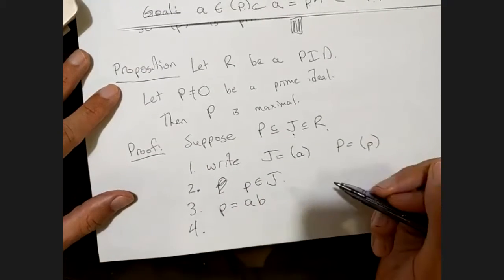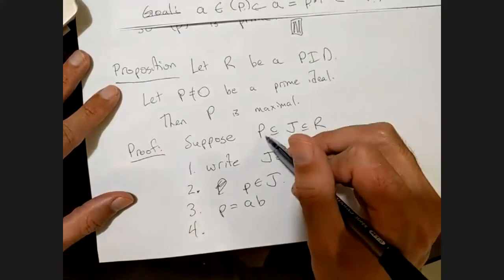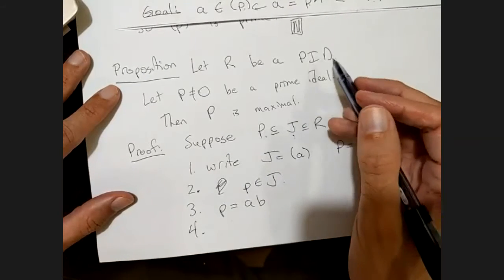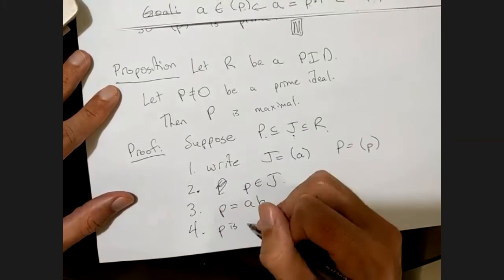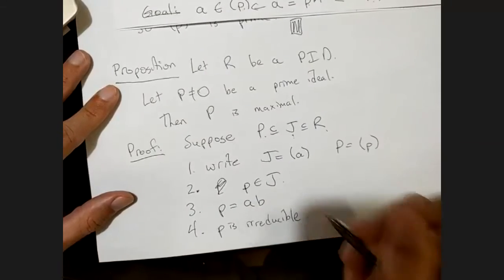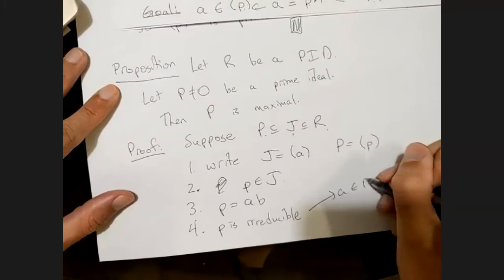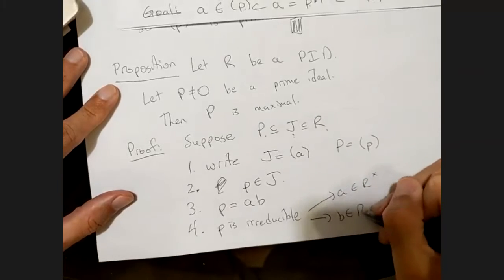Now, since we know that prime ideals are generated by irreducible elements in a PID, P is irreducible. So that means that A is a unit or B is a unit.